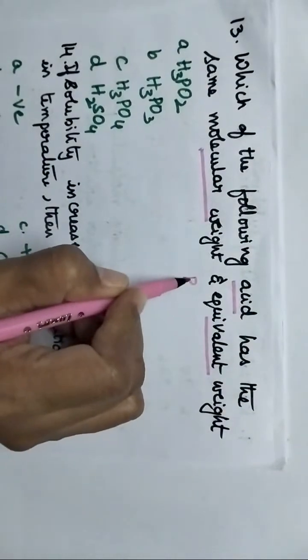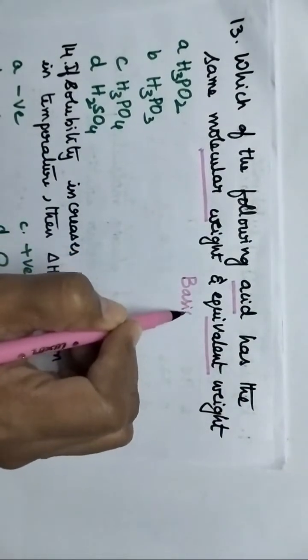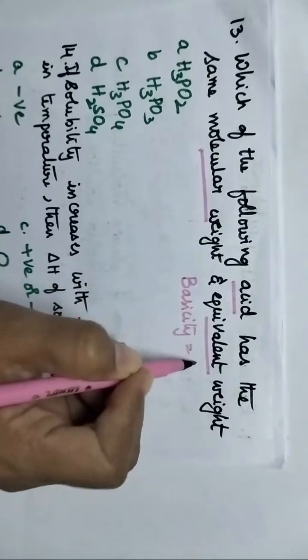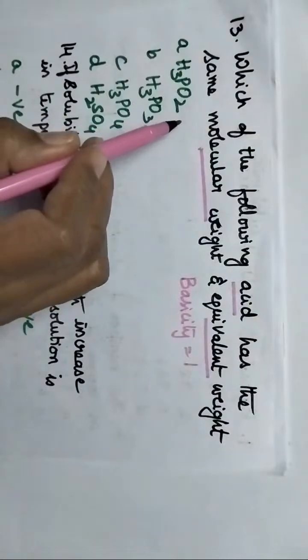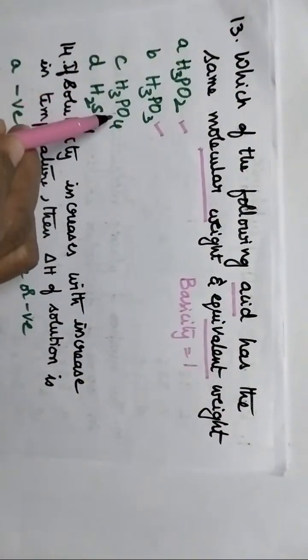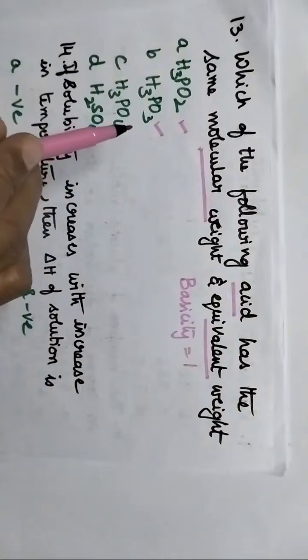So, all are acids, and hence, if the basicity is equal to 1, then that acid will have the same molecular weight and equivalent weight. You know the basicity of phosphoric acid and also sulfuric acid. So for that purpose, I will explain only the structures of A and B. B is called phosphorus acid.